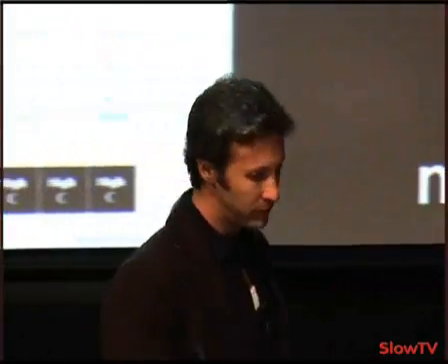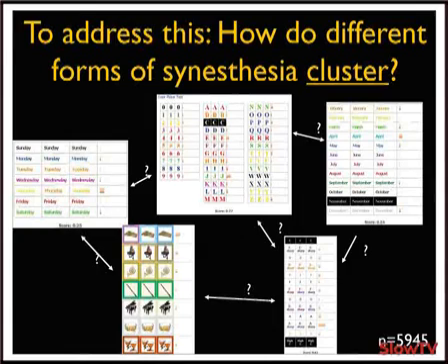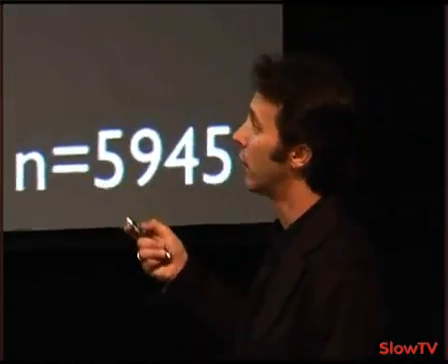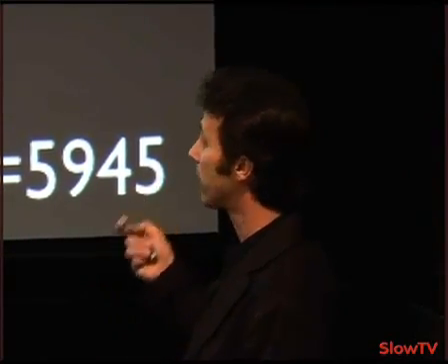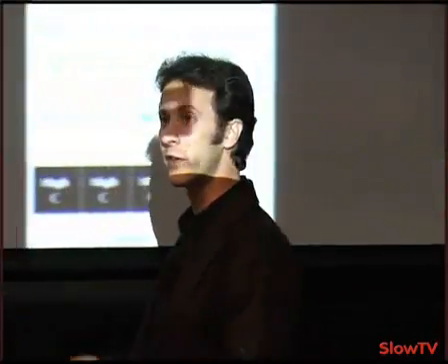So here's how I went about studying this. What I did is we tested almost 6,000 people here, and we can test them on lots of different things and asked a very basic question, which is, how do these things cluster with one another? So if you've got colored letters, what's the likelihood that you've got instrument timbre synesthesia, or colored months, or colored notes of the scale, or something like that?